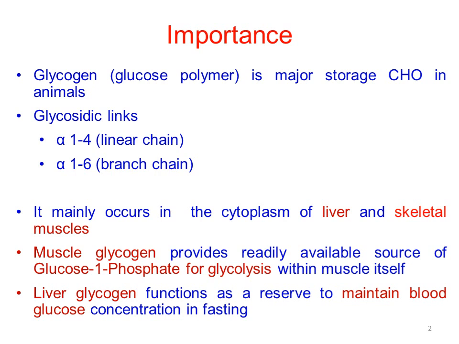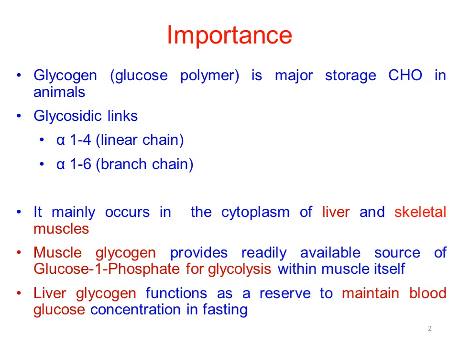And the story begins with the term glycogen. What is glycogen? It is a glucose polymer. Glucose attached by alpha 1 to 4 linkage or alpha 1 to 6 linkage forms glycogen.